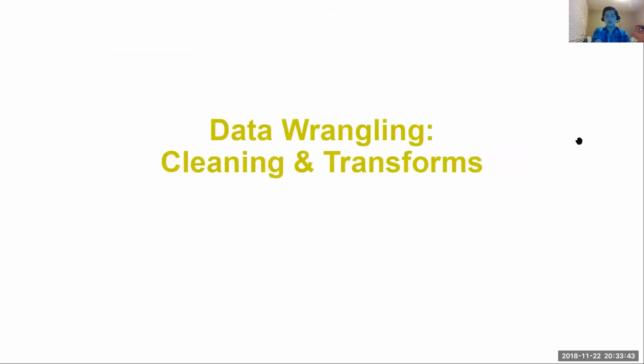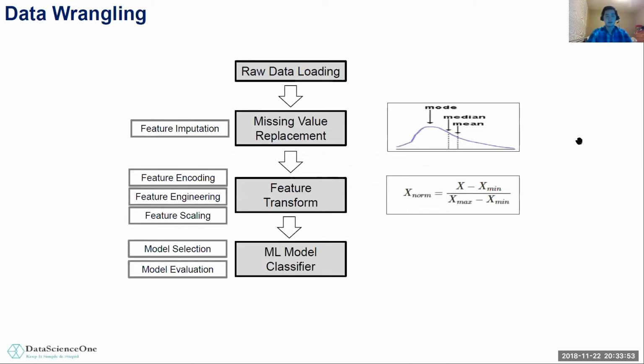Now, let me talk about the data wrangling process, because this is very important for getting clean data and completely transforming data to build our model. So now let me talk about the data wrangling pipeline. First of all, raw data gets loaded into Python as a data frame. Second, we're going to treat missing values using a measure of central tendency, known as mean, median, and mode, based on the data type.